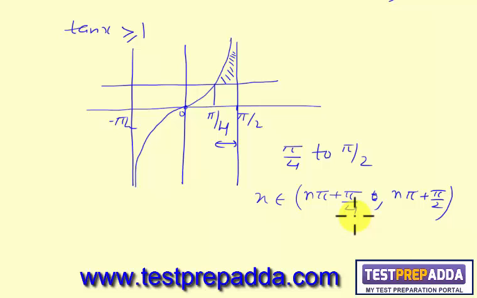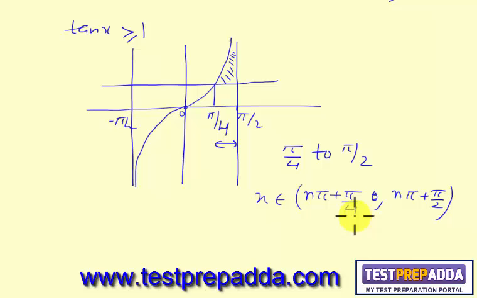Okay, so whatever trigonometric inequation is given, first of all, what will you do? You will draw the graph. You will identify the fundamental period of the given trigonometric function. Okay, and accordingly you generalize the solutions.